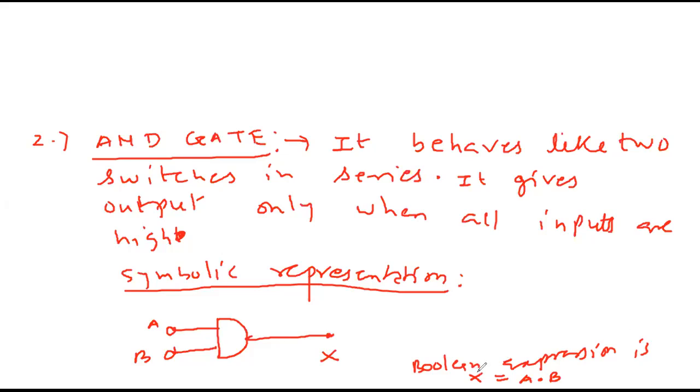So the Boolean expression is X equals A into B. Write that and draw the symbolic representation.